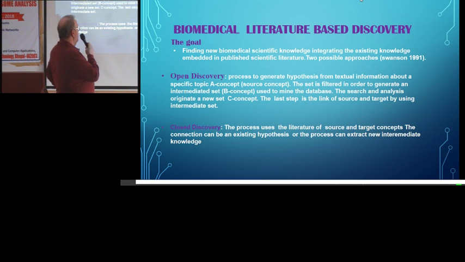The final step is to link the source and target using the B set as a bridge. Closed discovery instead is the process that uses the literature of source and target concept simultaneously. The connection can be an existing hypothesis, or the process can confirm the data that are available, or the process can extract a previously unknown relation.